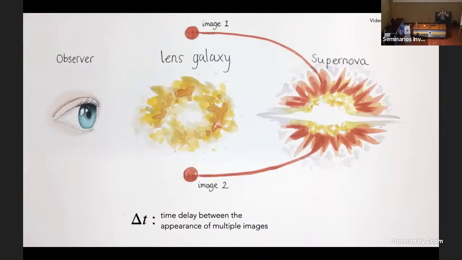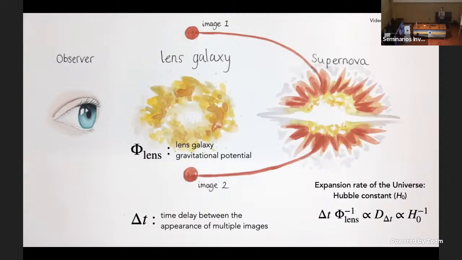And by studying the brightness of the object, we can actually measure this time delay. The second thing we need is knowing the gravitational potential of the lens galaxy and also some of the structures along the line of sight. And if we combine these things together, we can infer absolute distances to the lensed supernovae, and with that, we can calculate the expansion rate of the universe, or the Hubble constant.